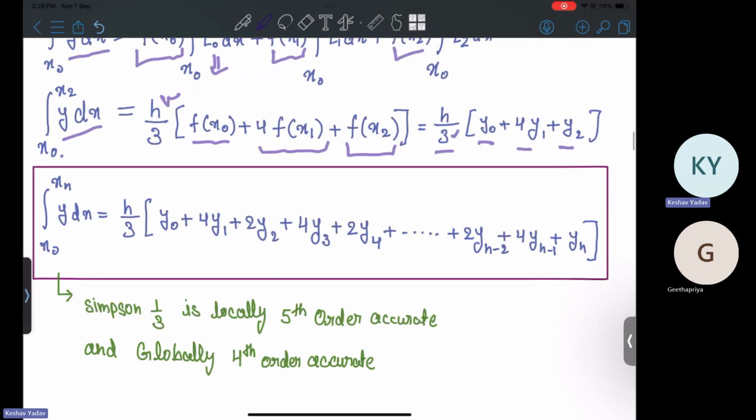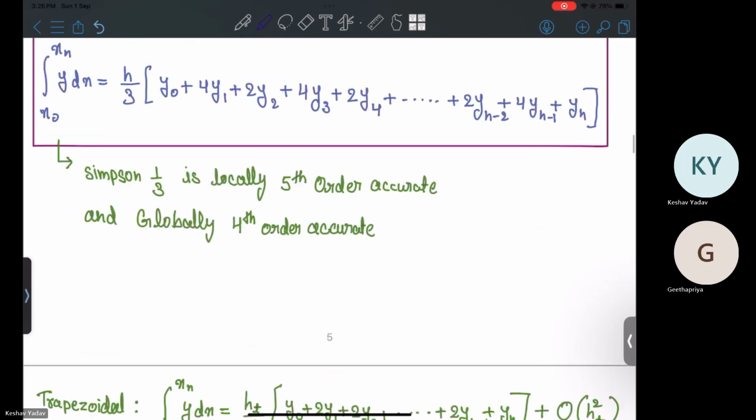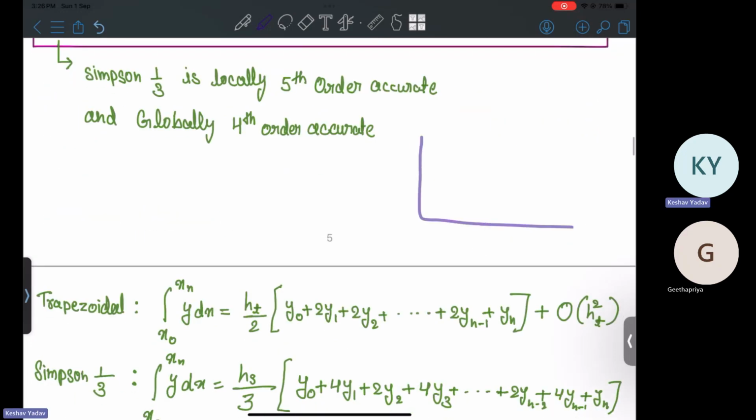Now if I want to write it in composite form, suppose this is our function, this is my 0, this is my 1, this is my 2, this is my 3, this is my 4th, this is my 5th, this is my 6th point, this is my 7th point. These 3 points will be used in the first integration, and in the second, these 3 points will be used.